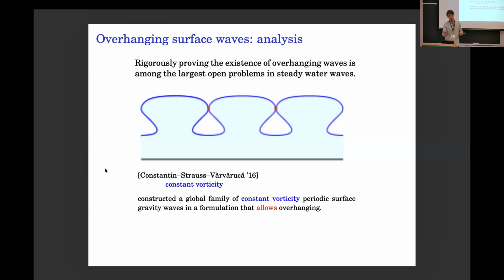Constant vorticity, in a periodic setting, and they were able to use global bifurcation machinery to provide a framework that potentially allows a configuration like this.